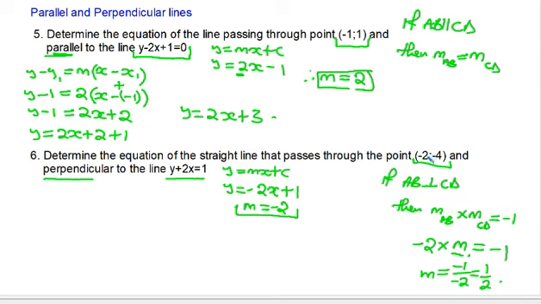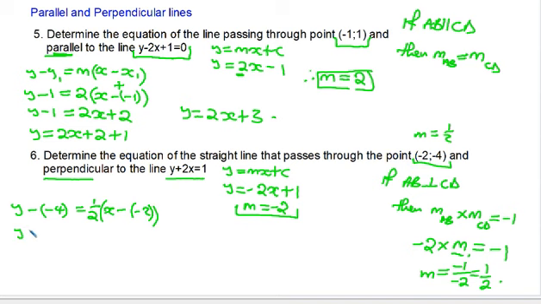So the gradient that we want for the line passing through (-2, -4) is positive 1 over 2. Now let's substitute into this formula. Y minus, this is a negative 4 there, so it's minus negative 4, is equal to, our gradient is 1 over 2, bracket x minus, this is a negative 2, so it's minus negative 2, close the bracket.